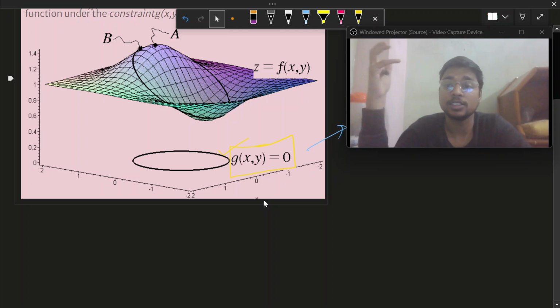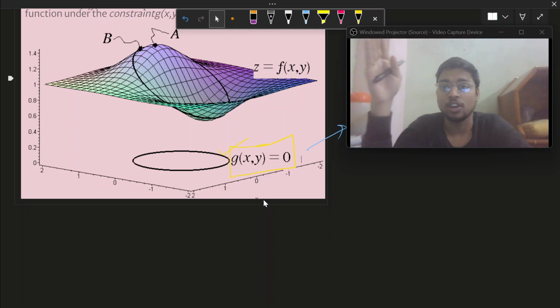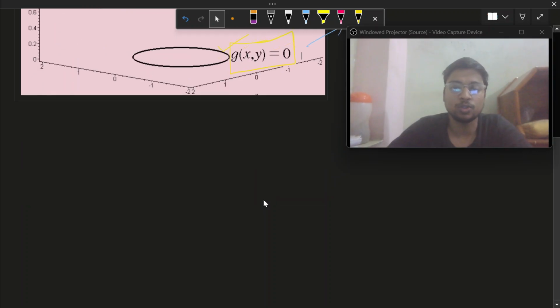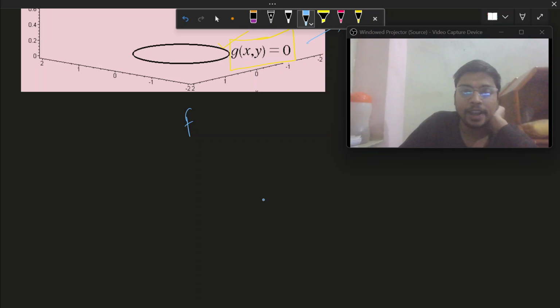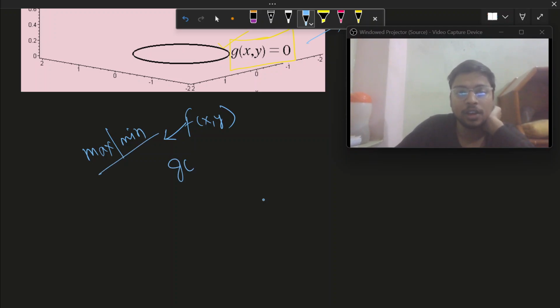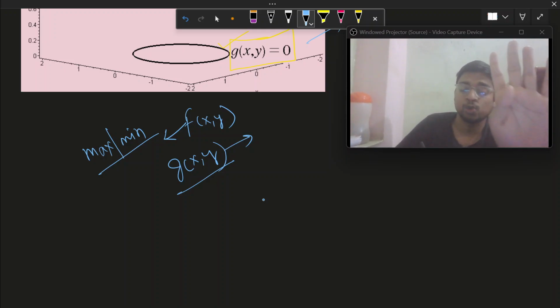So let's focus on how to solve the problem using Lagrange multipliers. We are given an f(x, y), we have to either maximize or minimize it, and we are given a constraint g(x, y).